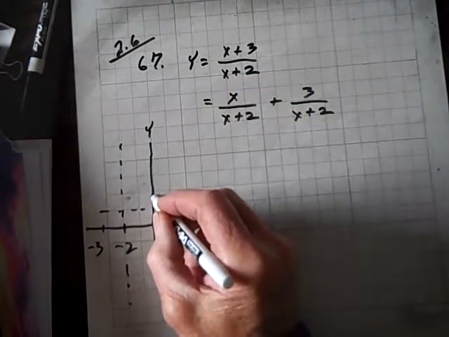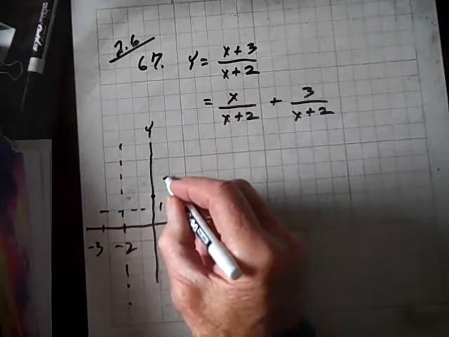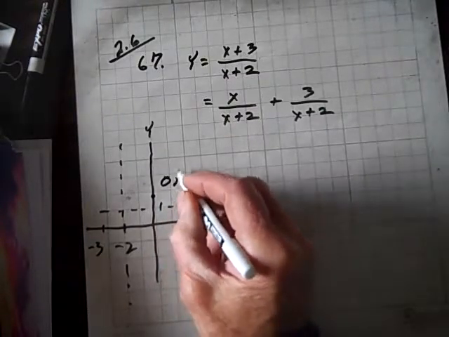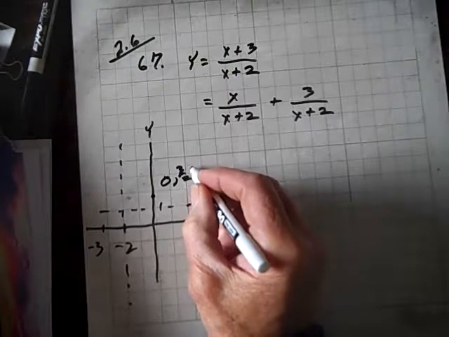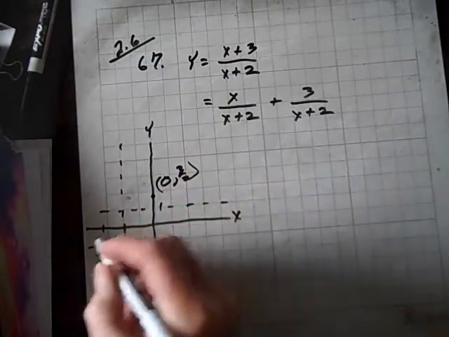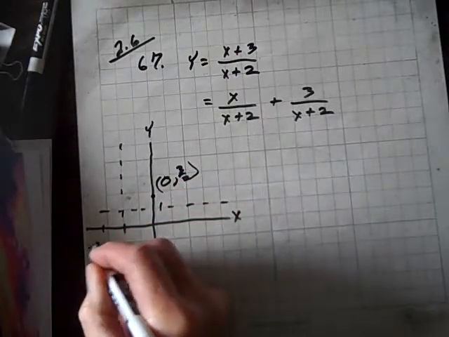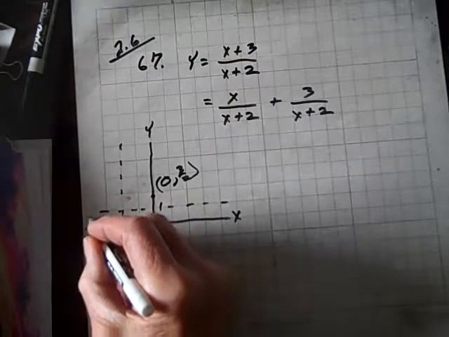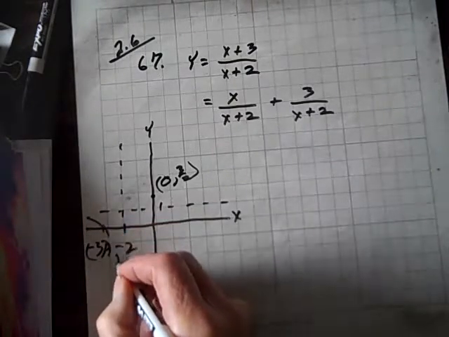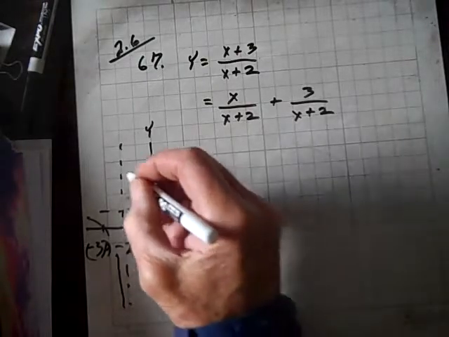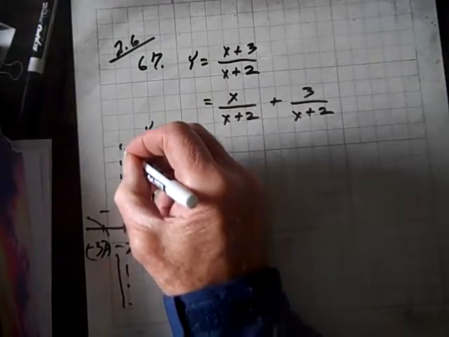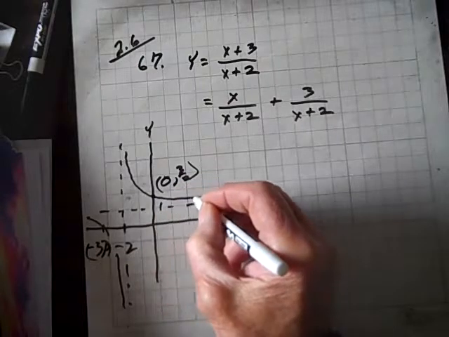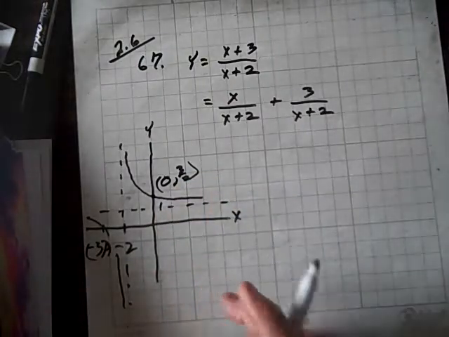So here we are at 0, 3/2. And this is -3, 0, by the way. So what does that tell us? Well, this is the shape of that graph then. Okay, now we've got that much done.